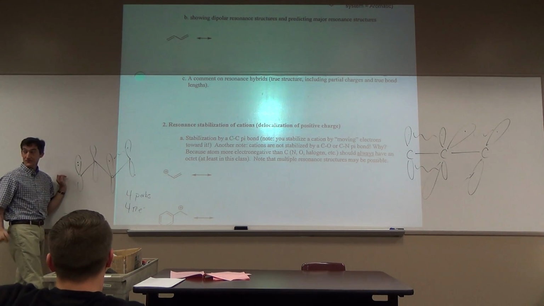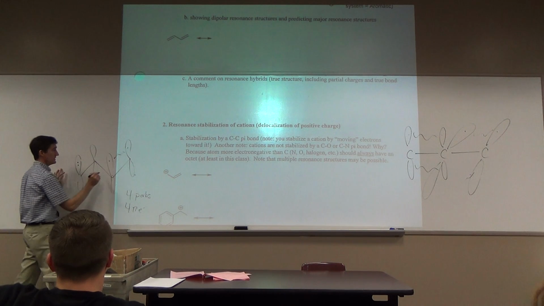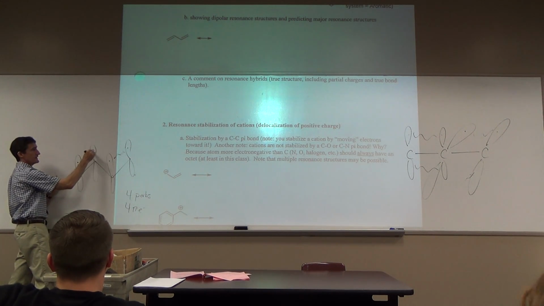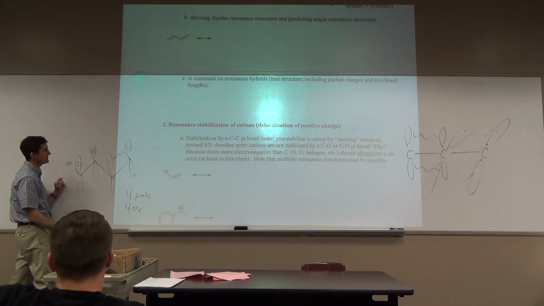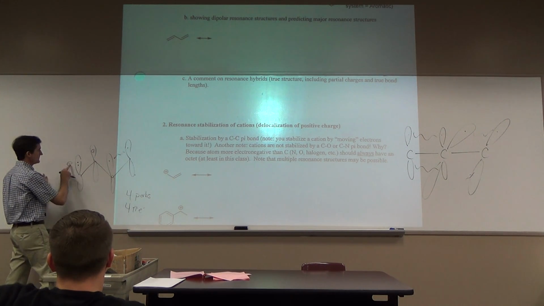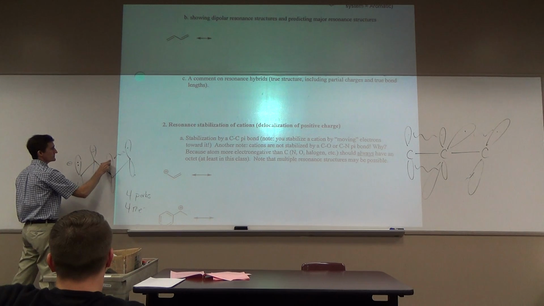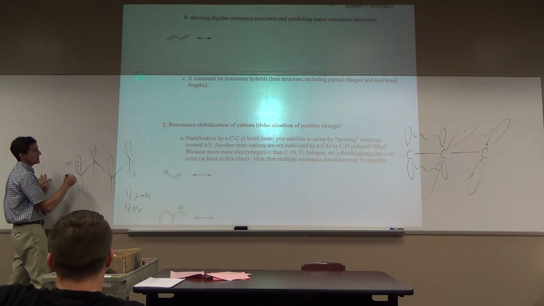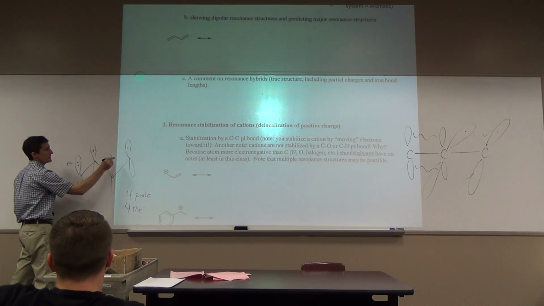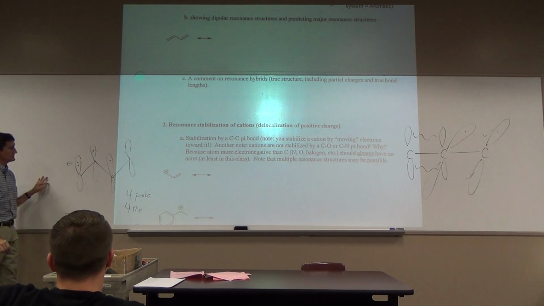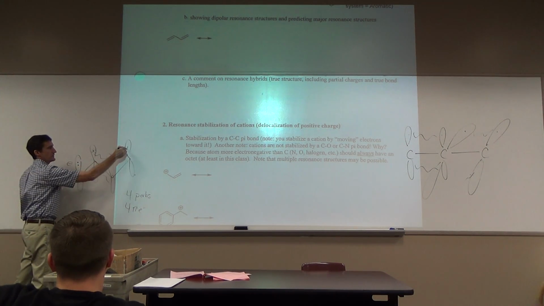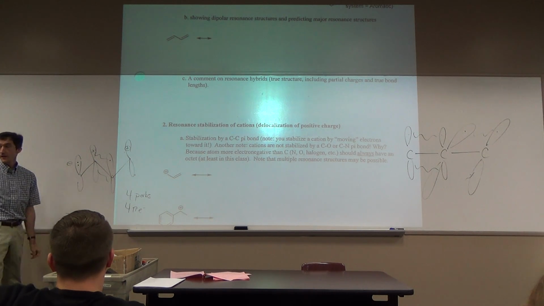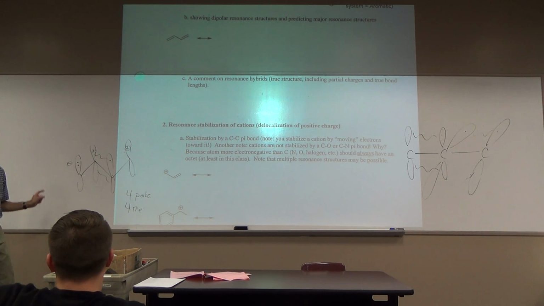That would be the second one, because I get a pi bond, nothing here, so that's like a cation, and 2 here, so that's like an anion. What if I put 2 there, 1 here, and none here? That looks like a pi bond, a lone pair, and then nothing there. That's the third one.